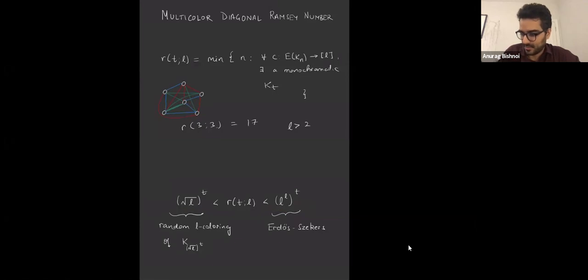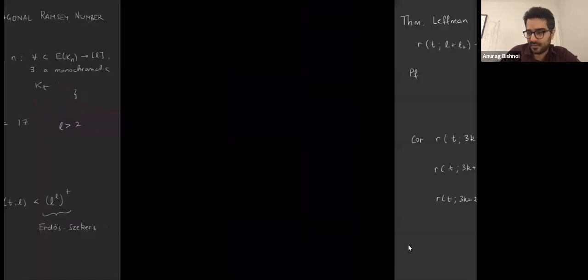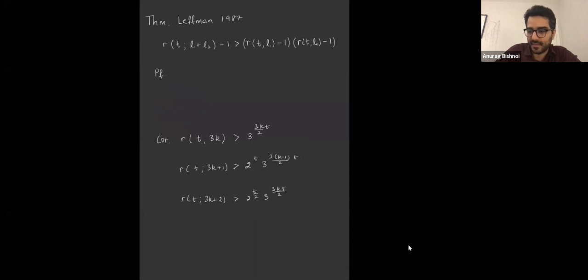Okay, so first let me tell you that for L greater than 2, you can actually improve this lower bound by a very simple argument. And this was observed by Lefmann in 1987, who showed that you can sort of get an inductive lower bound on this Ramsey number.